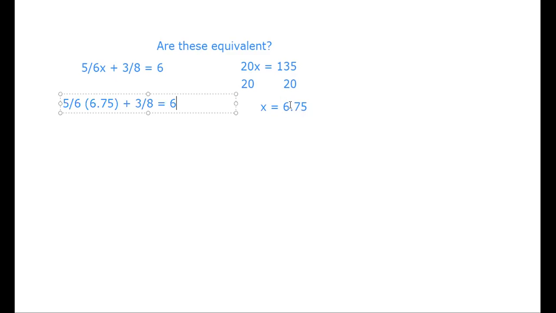And some folks have a hard time seeing that 6.75 over 1, let me see, where's my line? There we go. There's the fraction for 6.75. If you're going to use the fraction, that's what it would look like.